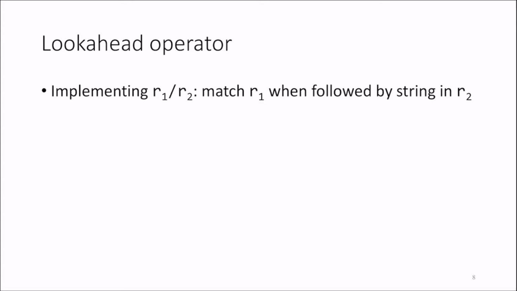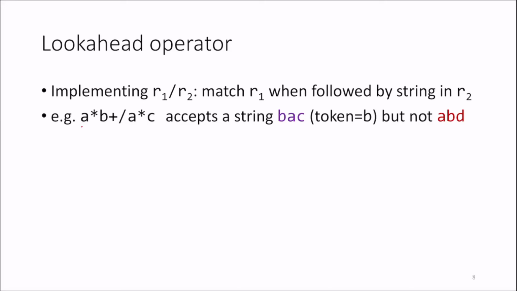There are some advanced techniques in lexical analysis, like the look-ahead operator, and that's also pretty easy to implement. So if I have R1/R2, which means match R1 when followed by a string in R2. So for example, if I have A star B plus, and the right context should have A star C, it takes this string BAC, and notice that it is A star B plus, so it doesn't need A's in the beginning as long as it has one or more B's.